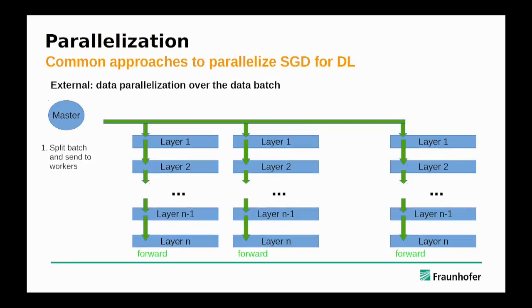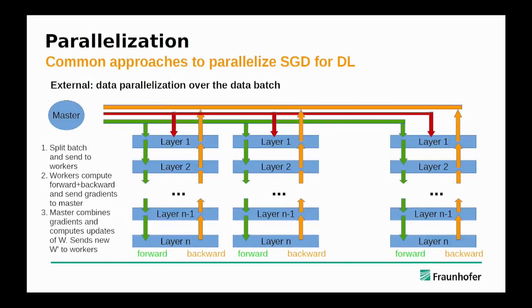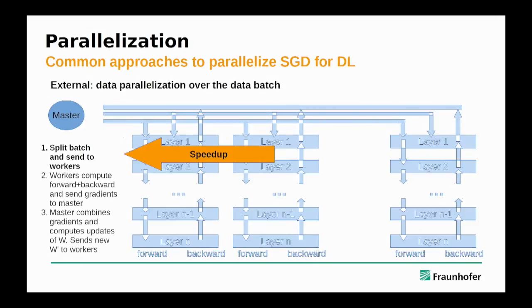Very simple. You feed forward, you compute your local gradient, the local gradient is sent back to the master, and the master is accumulating the model and then distributing the model to all workers, and you make the next step. Very simple, very effective, but unfortunately, the speedup comes only from data parallelism.